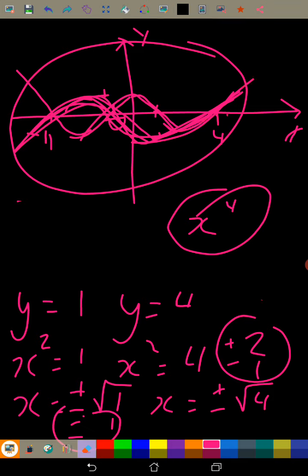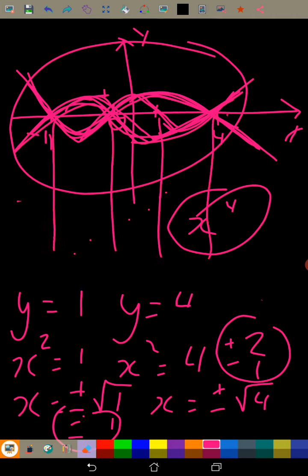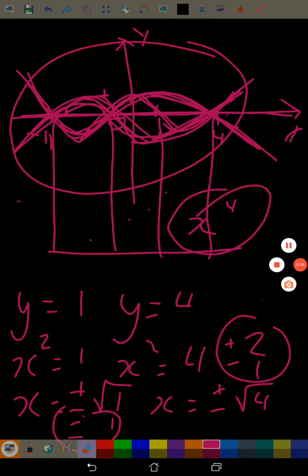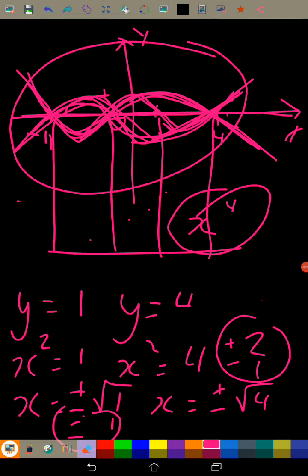Okay, either way, this is how it looks. You can plot some points, but definitely these are coordinates that touch the x-axis, yes.